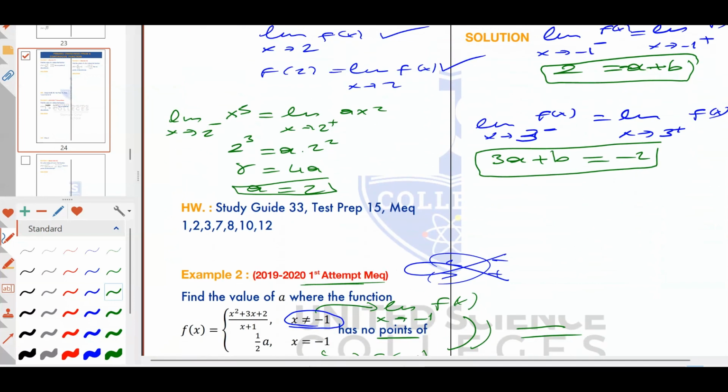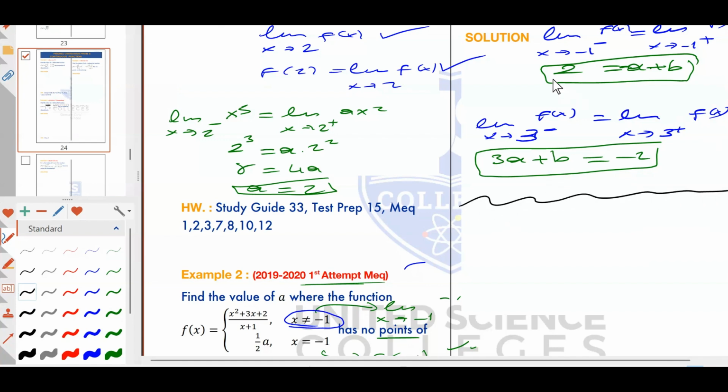By solving them simultaneously. So let's remember how to solve a system of linear equations. We are going to solve them by using either the substitution method or the elimination method. Use whatever way you want. So 2 equals -a plus b, the first one. Second one, -2 equals 3a plus b.